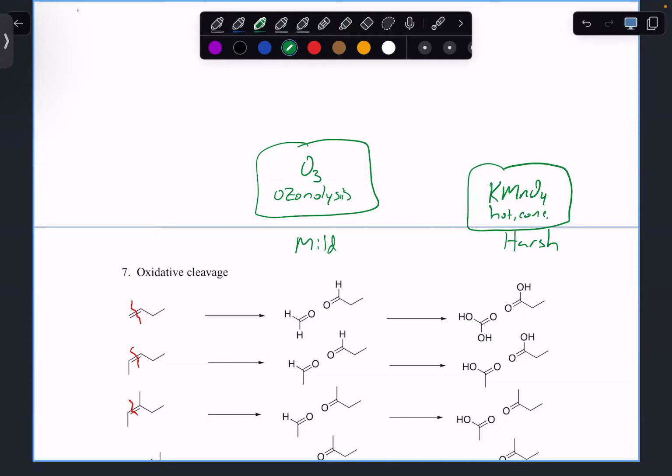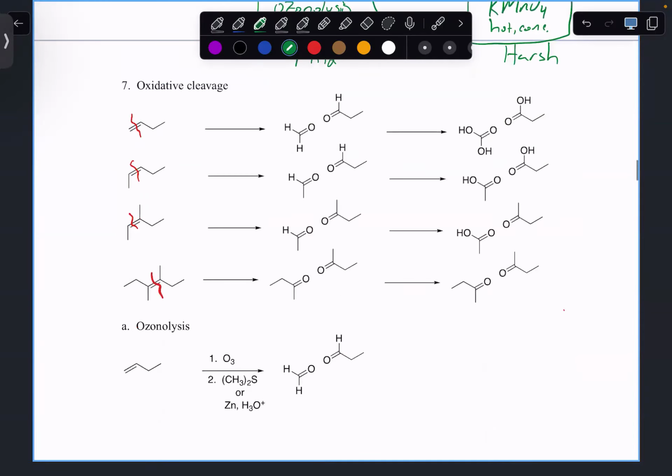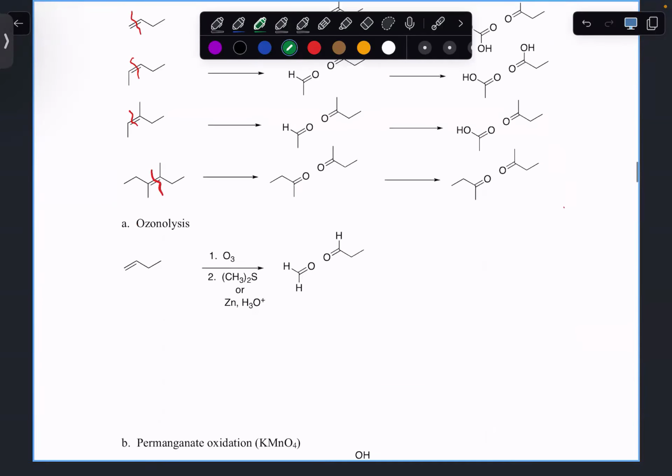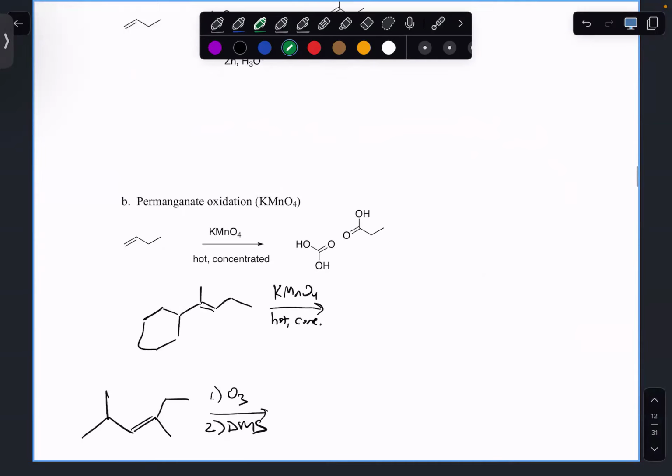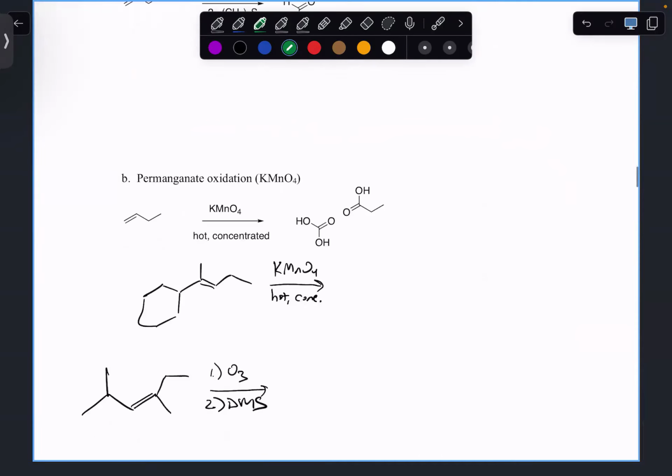So I want to look at a few examples of this reaction because these can be a little bit tricky at first. Let's go ahead and do this one. So the way I do these is, in all cases, you're going to break the molecule apart at the double bond.